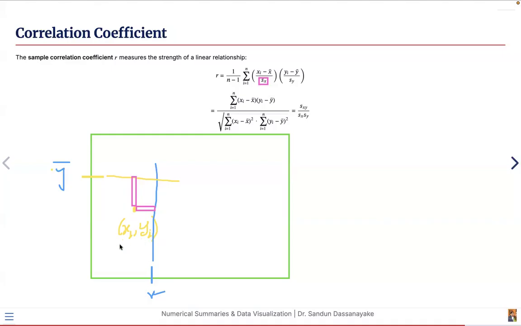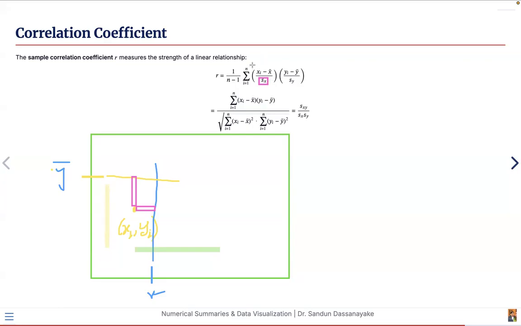It's basically telling us how spread out the x values are. Let's say this is the scale of the spread. And sy indicates how spread out the y values are. Let's say this is the length of the spread of y values.